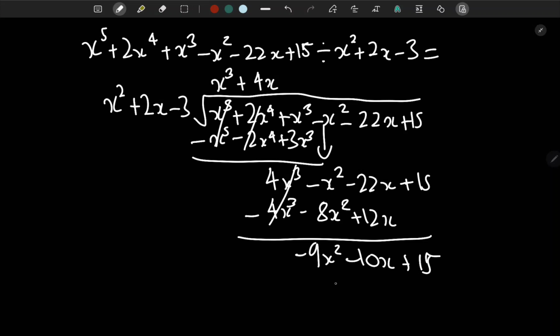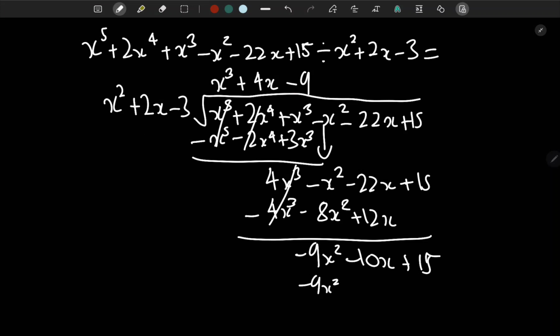Now we can still divide this because the power of x is 2 here and we still have x squared here. So let's divide minus 9x squared by x squared, which is minus 9. Now let's multiply negative 9 by x squared plus 2x minus 3, so we'll get the same thing.